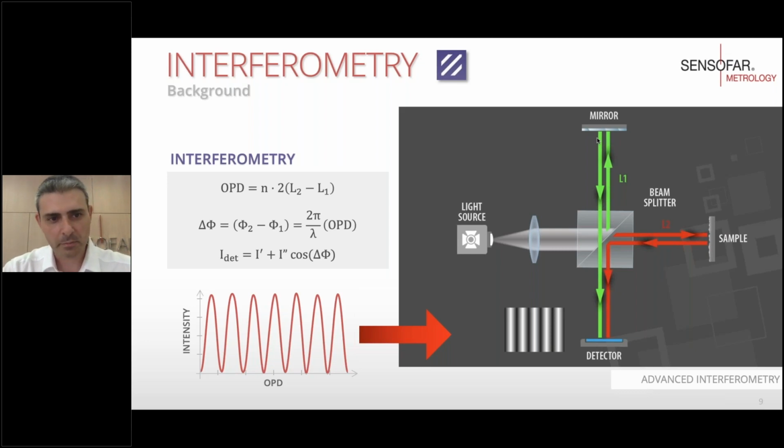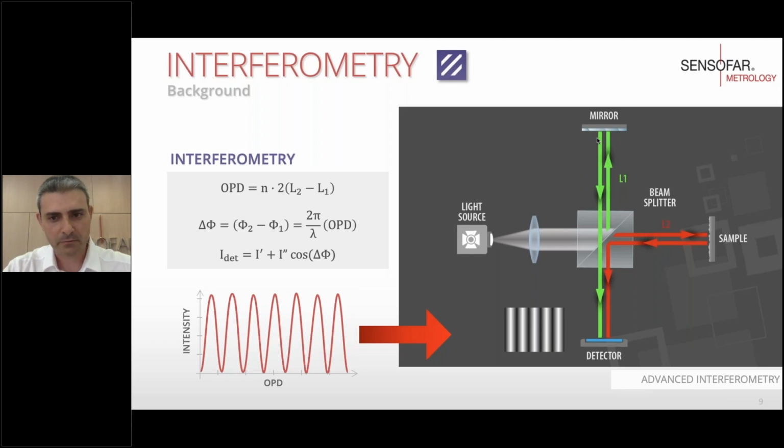This needs to be multiplied by n, that equals the refraction index, that most of the time equals 1, because we are dealing with samples located in air, not in liquids or other kinds of materials. So the OPD, that is measured in microns or nanometers or meters, it doesn't matter, is a distance measurement.